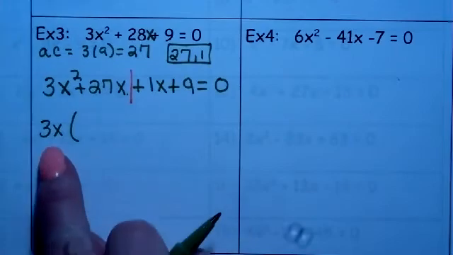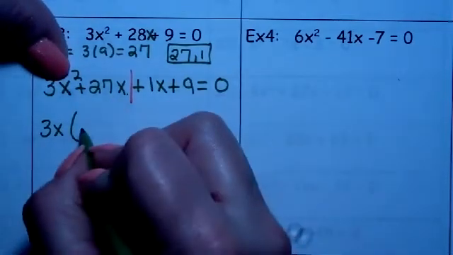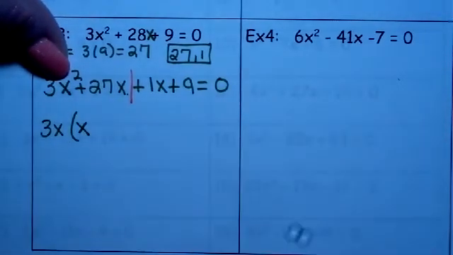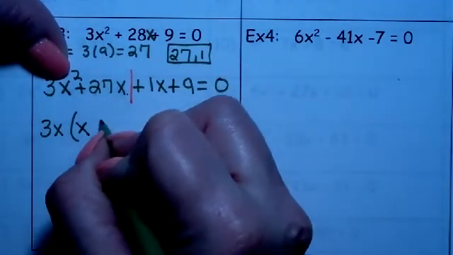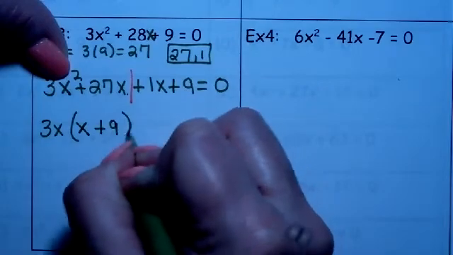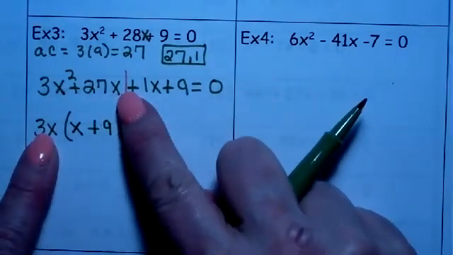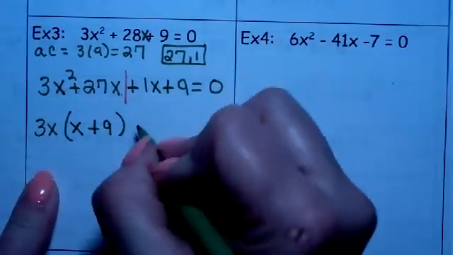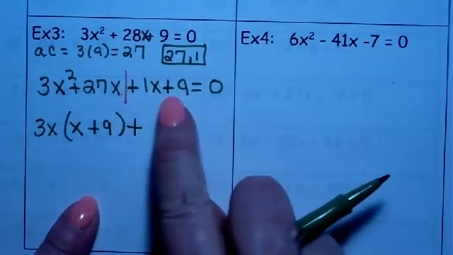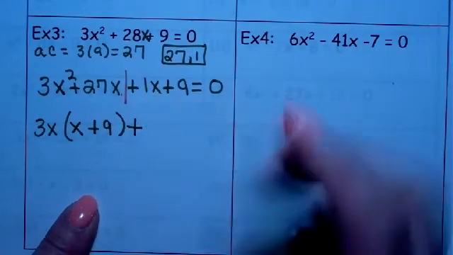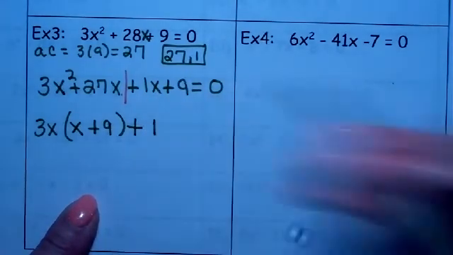Okay. 3x times x gives me 3x squared. 3x times 9 is going to give me 27x. Okay. Bring down my plus. Now, my GCF on this one is just a 1.